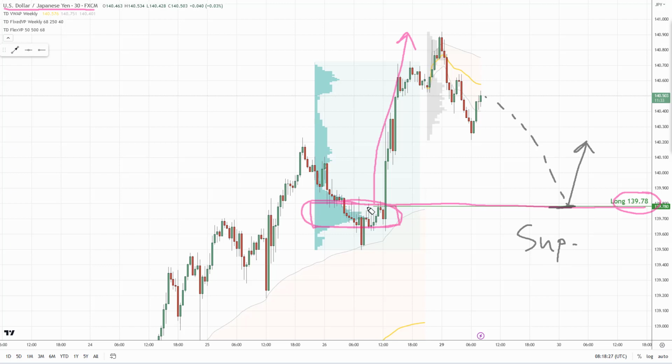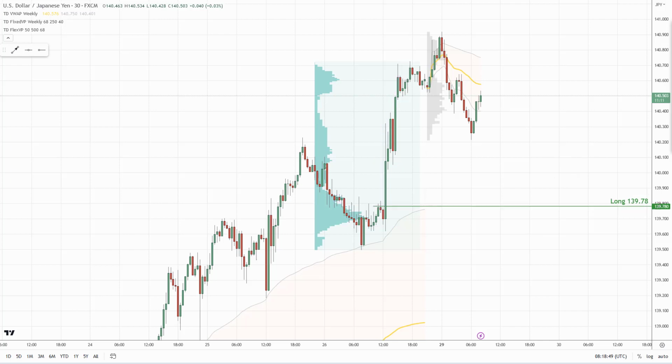This is where I draw the level, the beginning of that heavy volume zone and the start of this strong buying activity. So what we need to do now is just wait for that pullback, and when it occurs, if it occurs, then we can trade from this level, and chances are there'll be a reaction. All right, so that's for the US dollar Japanese yen.